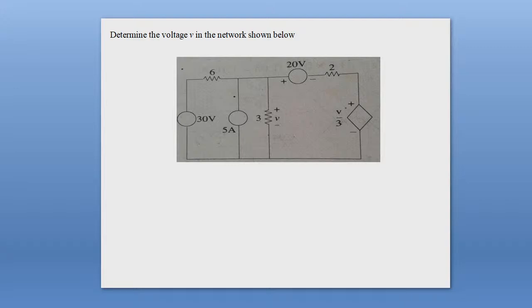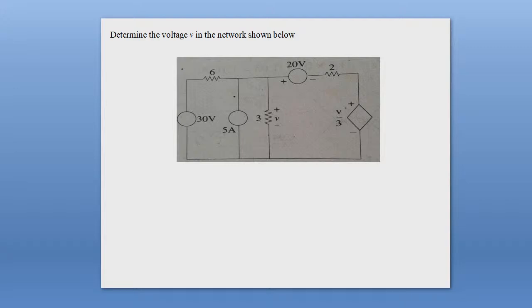But so far we have discussed the application of the superposition theorem only for independent sources. In this case we will use the superposition theorem to solve a circuit theory problem having dependent as well as independent sources. Okay, you see the present circuit consists of four sources.